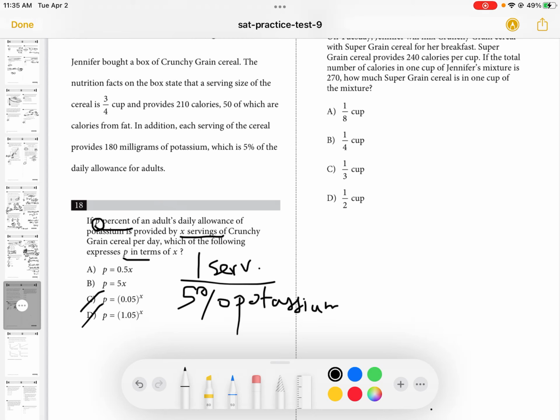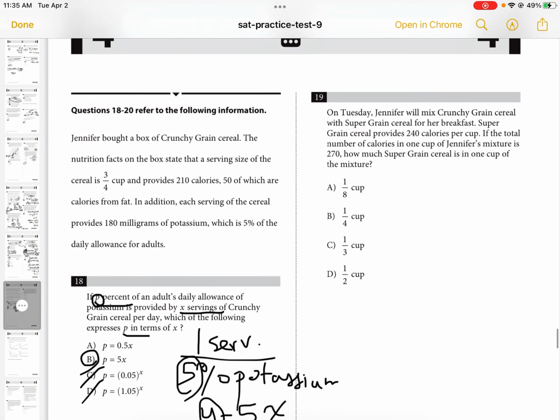The value in front of the percent sign here is 5%. So the linear relationship can be written as y equals 5x, where y is the percent of daily potassium intake we've already consumed. So the answer that most closely matches that is B. Now we move on.